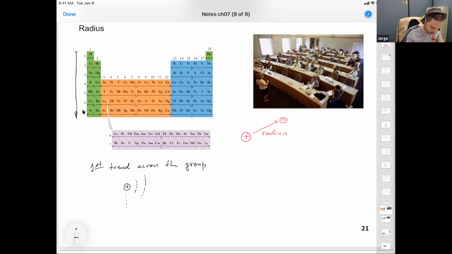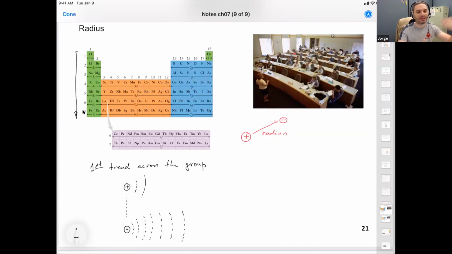And if we go all the way down to, for example, period number 7, we still have the nucleus here, but now we have 7 electron shells. 4, 5, 6, and 7. Okay, so now let's think together. The more shells you add, the harder it becomes for the nucleus to attract electrons, because you are adding an extra shell.